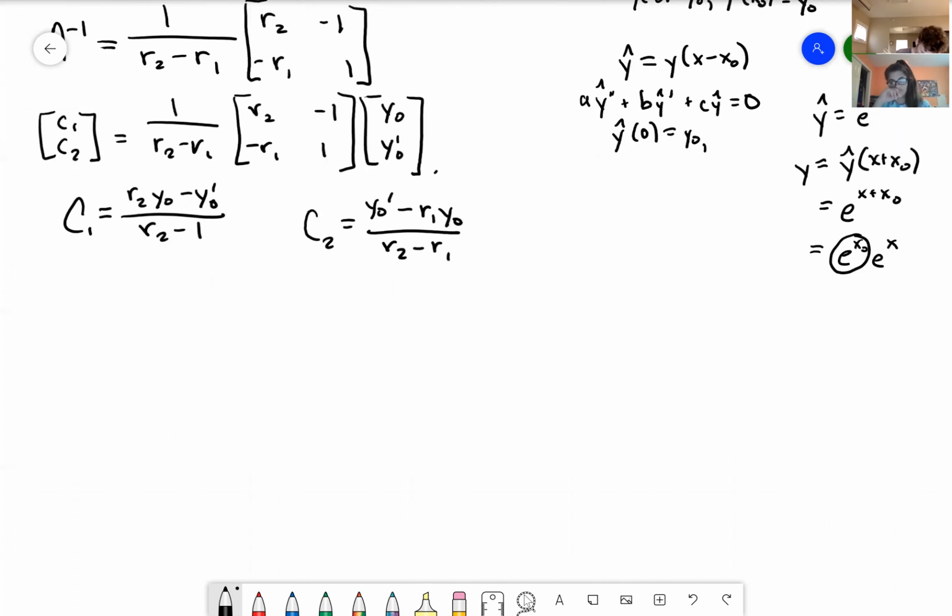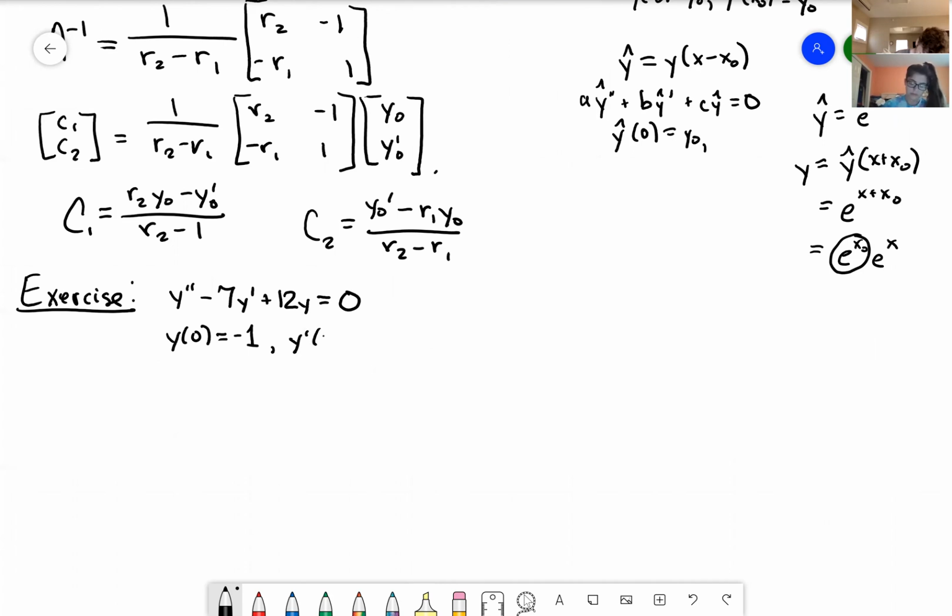So here is, I'll call it an exercise, a problem to try out, different from yesterday's problem. I'll just give you a minute to work through it, work together.